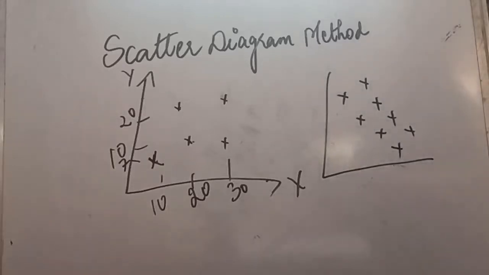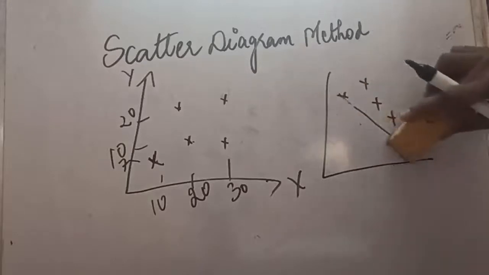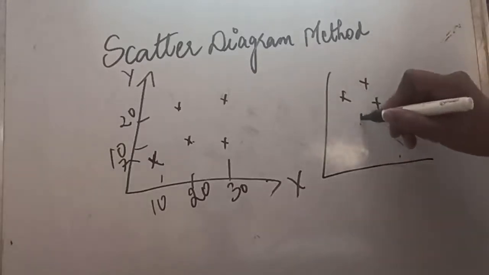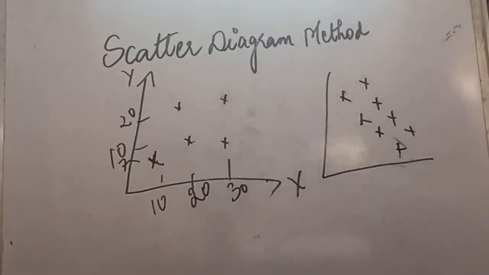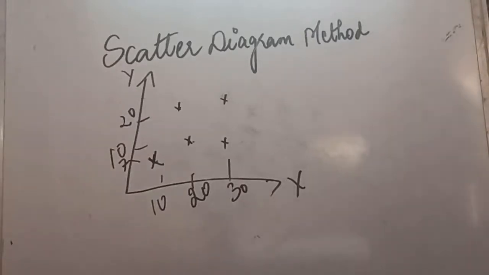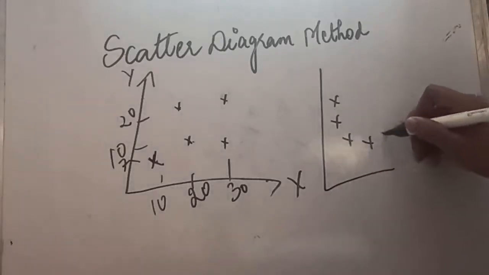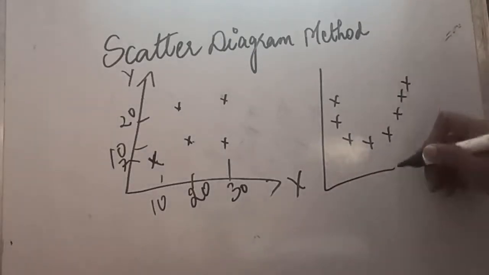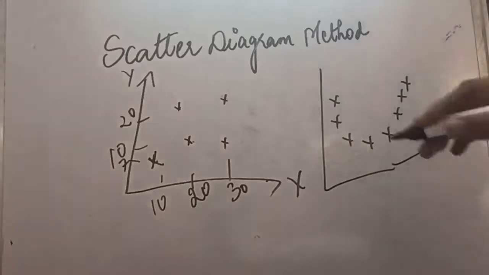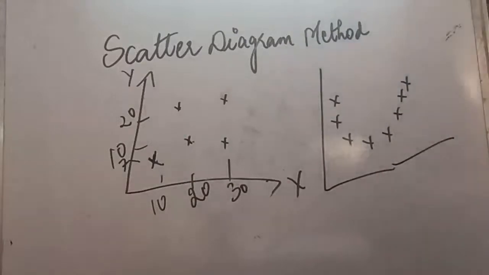In that case, you can say there is high degree of negative correlation. We will not join these lines. We will simply put these points, and these points will show the correlation. So from here we just try to find out the conclusion whether there is correlation or not. Sometimes the diagram will be like this. It shows there is no correlation at all. The correlation will be there if there will be this shape or this shape. Otherwise, there is no correlation.